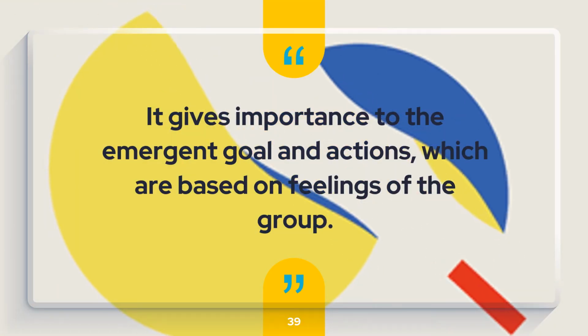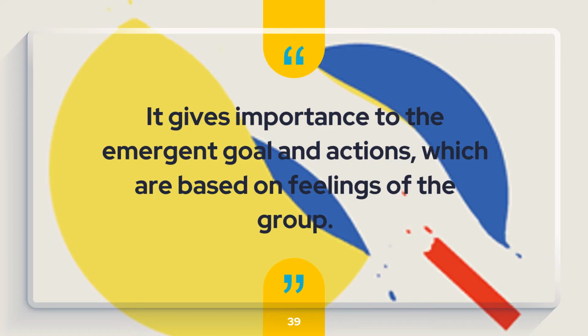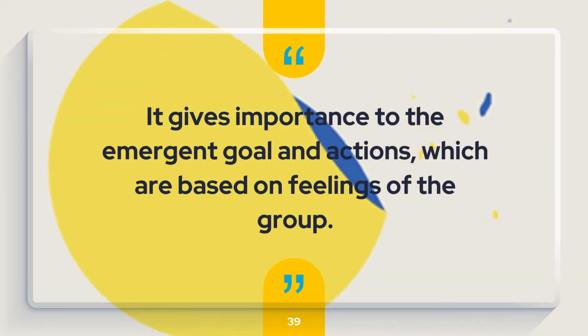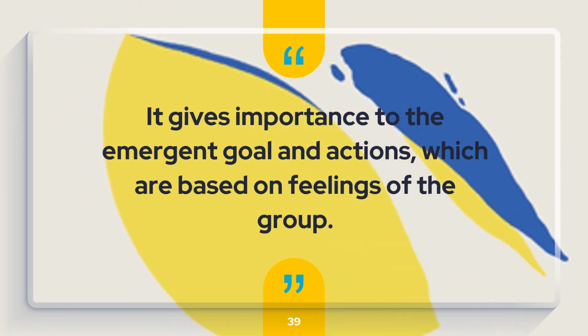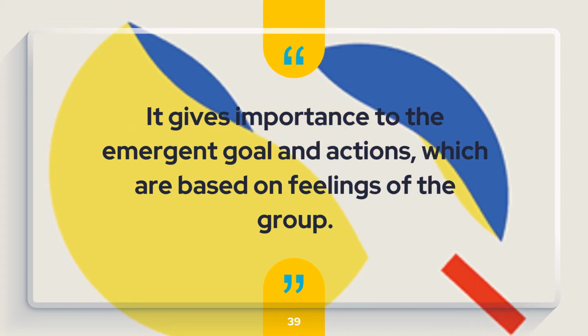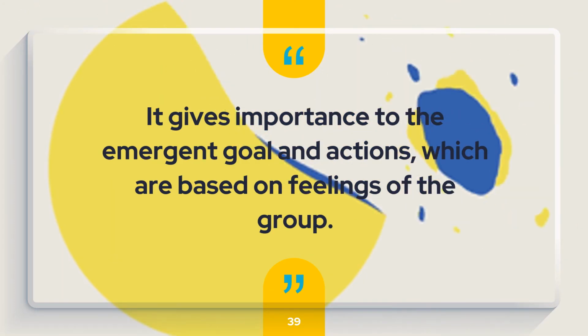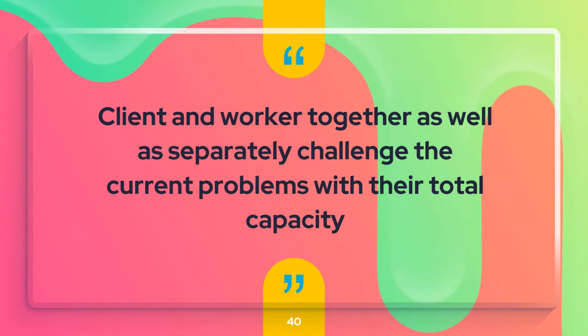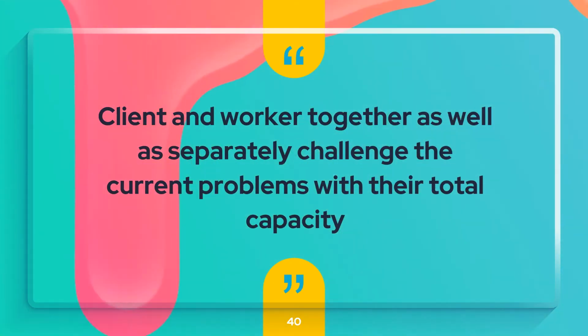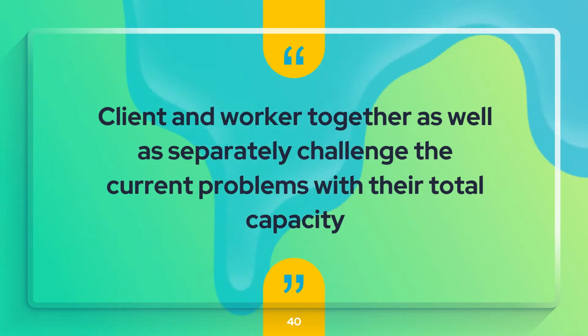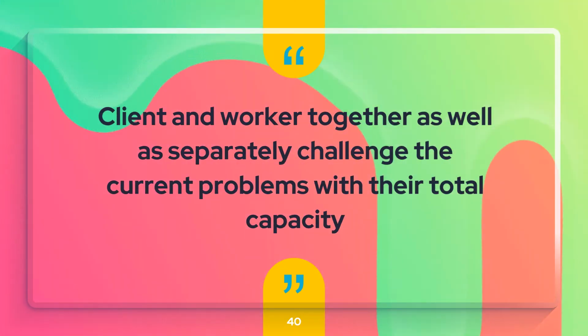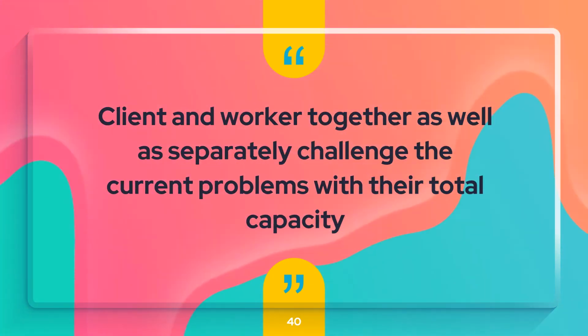Number 6, it gives importance to the emergent goal and actions, which are based on feelings of the group. It believes that intensive involvement by the parties in the current realities will generate their own purposes and goals. Number 7, client and worker together as well as separately challenge the current problems with their total capacity.